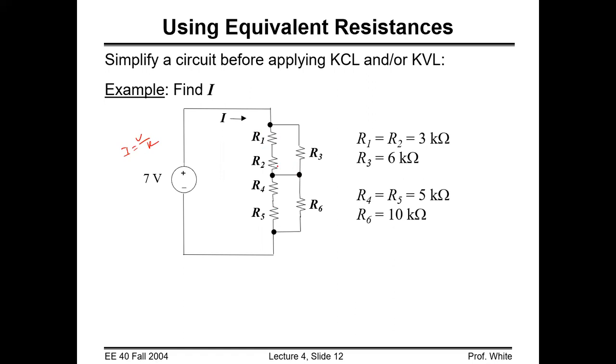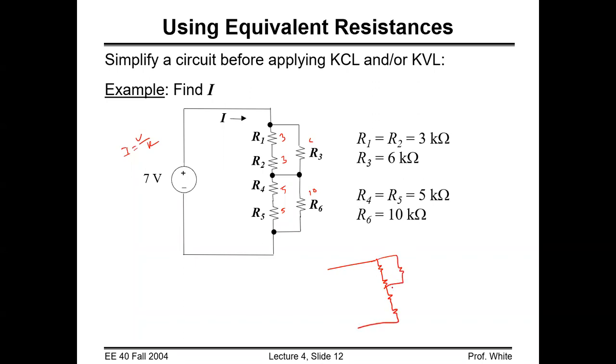So at first we need the total equivalent resistance. R1 and R2 are 3, these 3 and these 3, and these are 6. Then these are 5, 5 and these are 10. So at first find out the equivalent resistance.